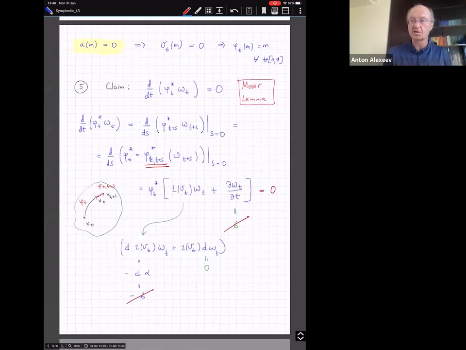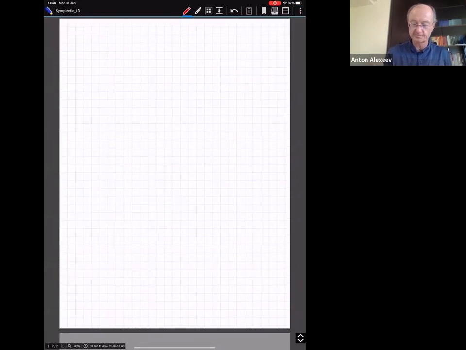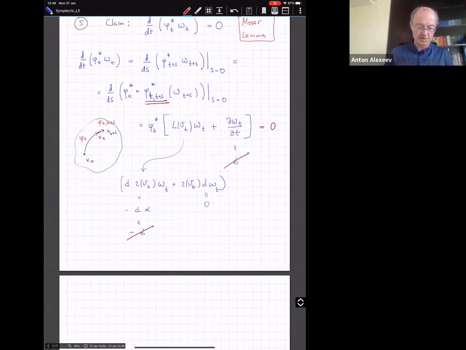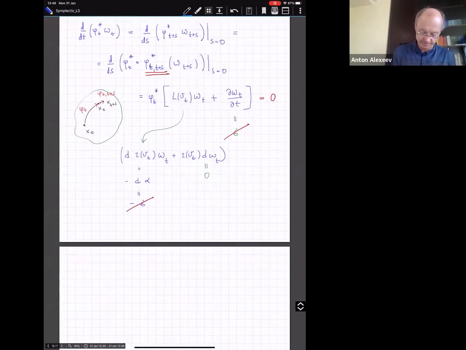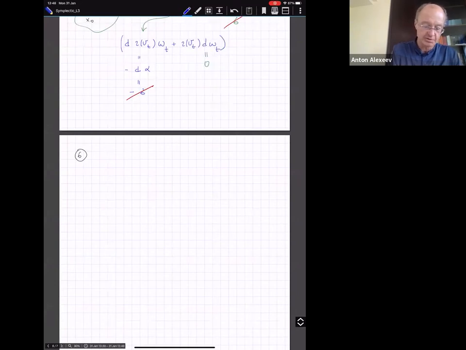Okay. Now, the last step, number 6. Now we're going to use this formula. It says that omega naught, which is phi naught star, which is just identity, of omega naught, is equal to phi 1 star of omega 1, and omega 1 was equal to omega.